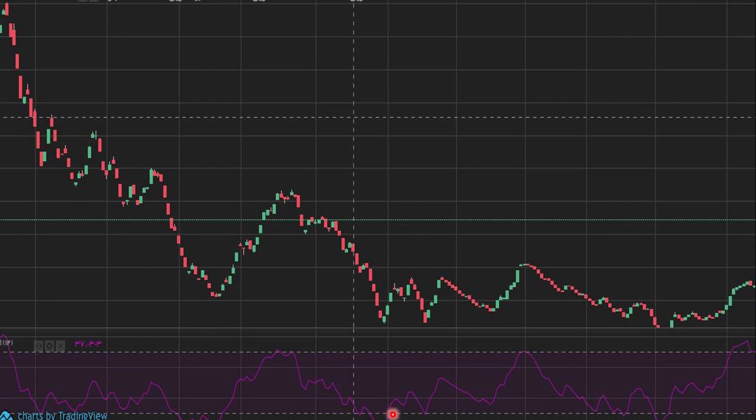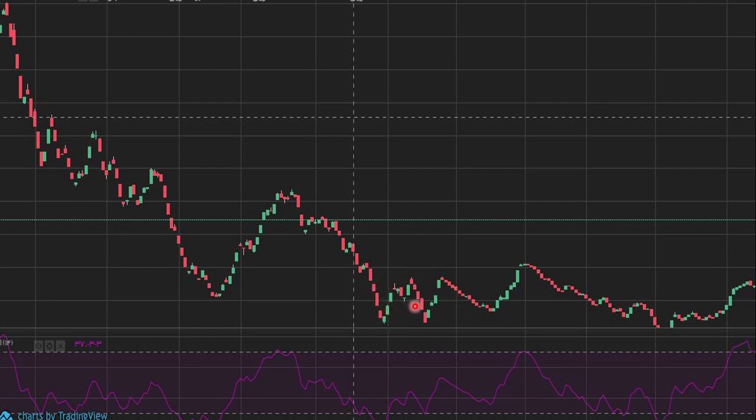So here is a good point to get a buy position, and this indicator gives us a buying signal at this point.